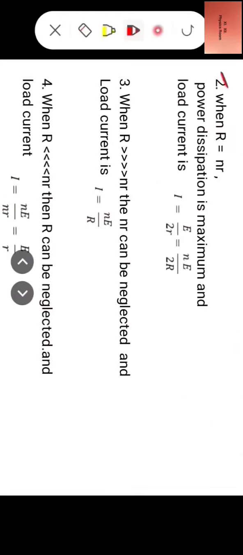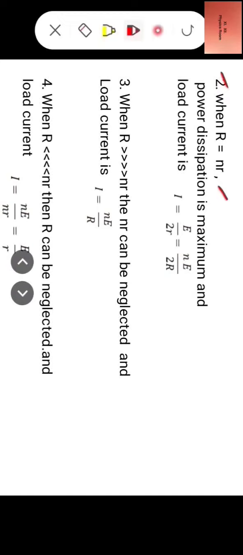2. When external load resistance capital R is equal to nr, then power dissipation is maximum, because we know from the power transfer theorem that when source impedance is equal to load impedance, the power transfer is maximum. Because external load resistance R here is equal to the internal resistance of the combination, nr, that is the source resistance, power dissipation is maximum.